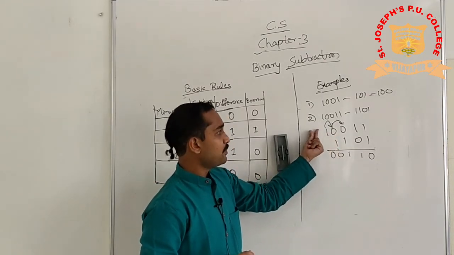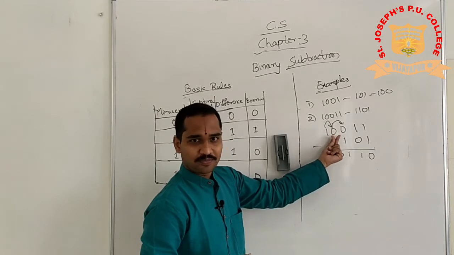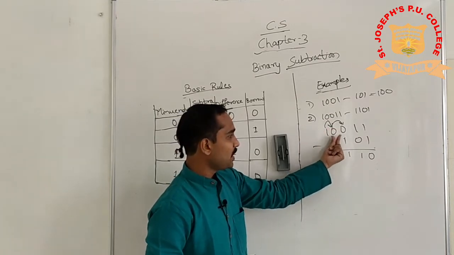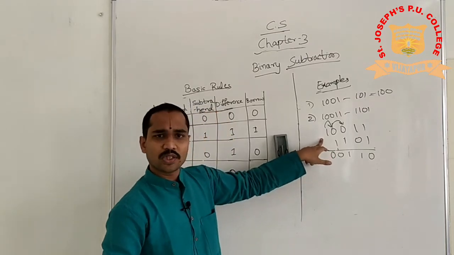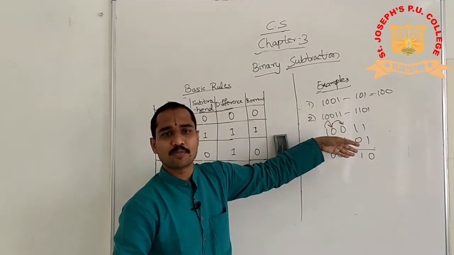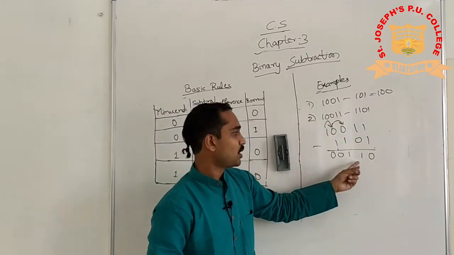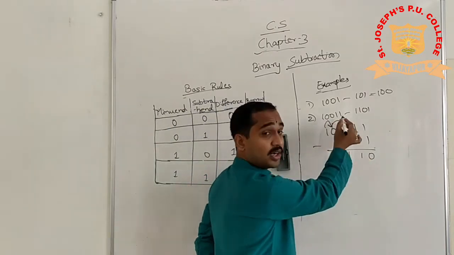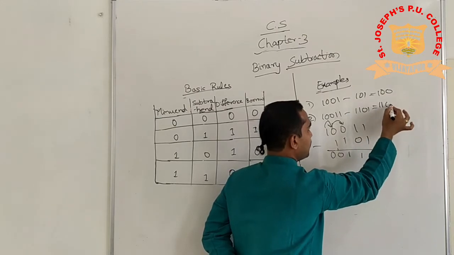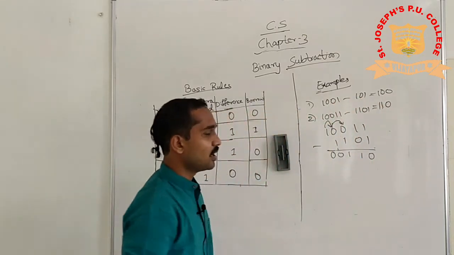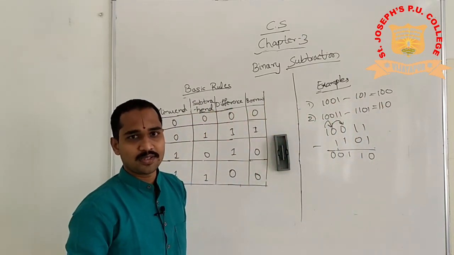No. Means that borrow also I have to take from here. And then it becomes 1 minus 1. So 1 minus 1 is 0, 0. Is there anything left? No, because this one I have already taken as borrow. Nothing is left. So 1, 1, 0 is the answer. And hence 10011 minus 1001 will be 110. This is the answer. I hope this is clear now.